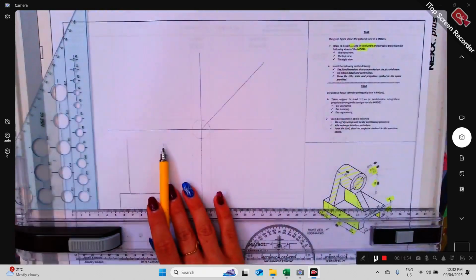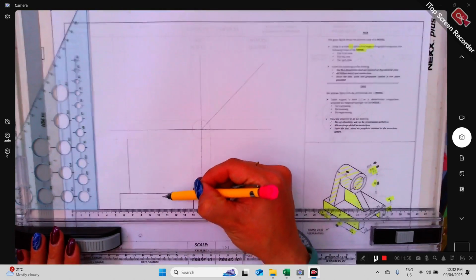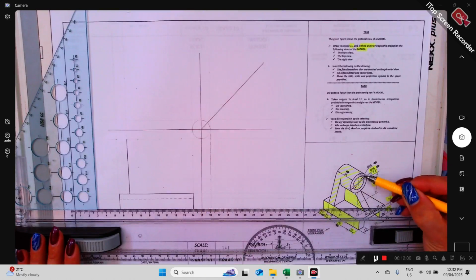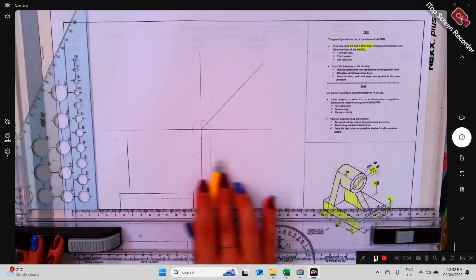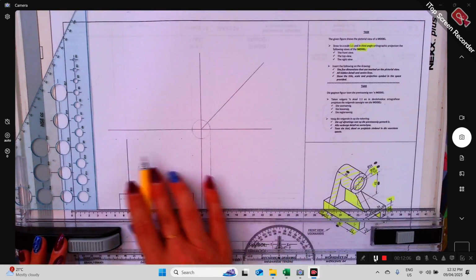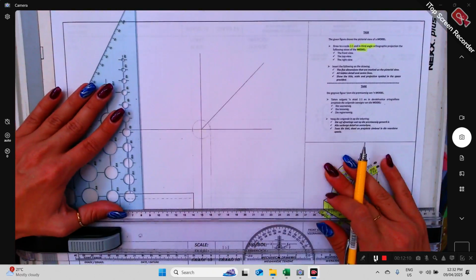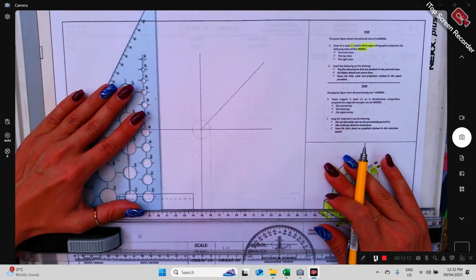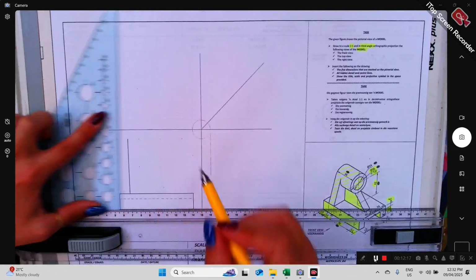And then when I draw the edge of my cylinder, I'm going to draw it through my front view as well, because I'm going to use that to measure the 36 millimeter height. I already have my center line, but I will draw that in once I've drawn the entire cylinder first. So there's my 36 millimeter mark, and I mark it straight through.